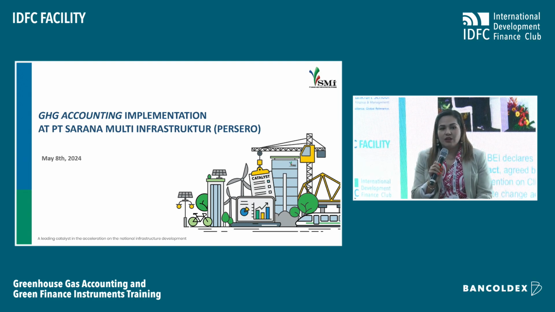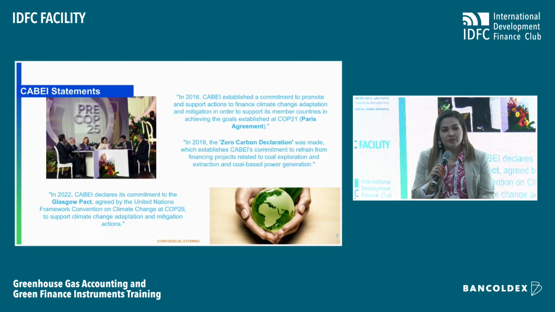In this one, we exclude financing of coal-related projects, and we also commit to promote climate change adaptation and mitigation funding. In 2022, we also made a commitment to the Glasgow Pact to continue with all the commitments from the UNFCCC agreements.